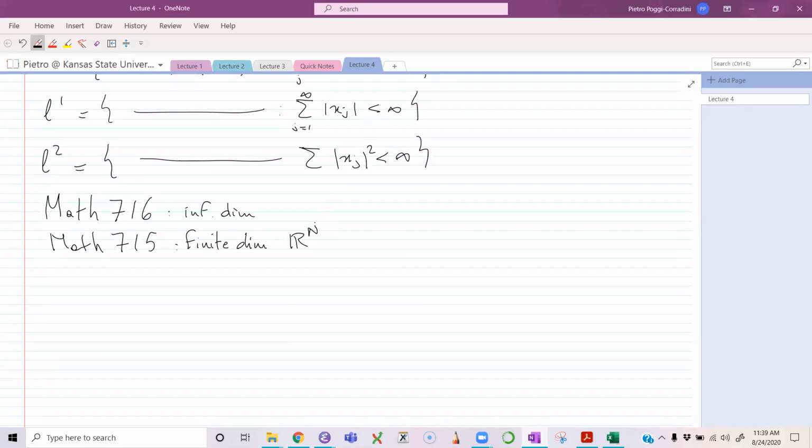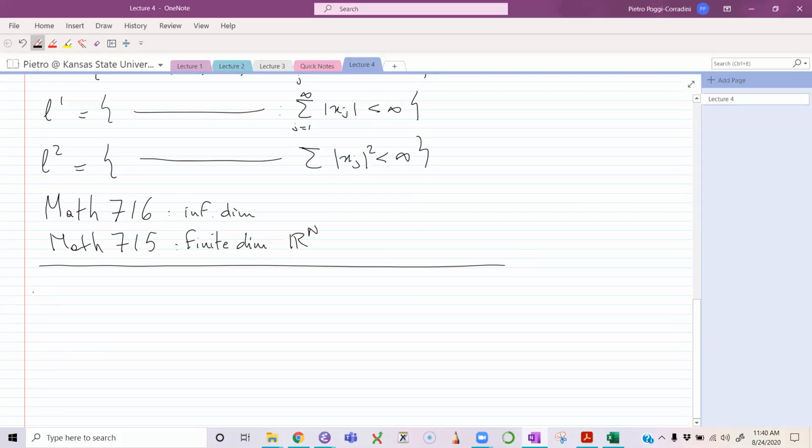All right, let me start out by giving you two examples of things that don't generalize, that are special to finite dimensional spaces.